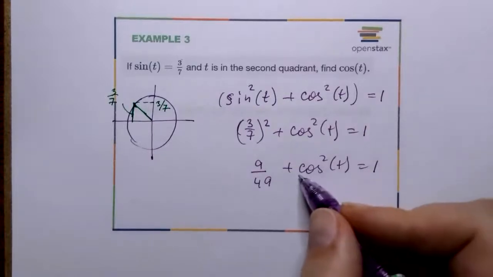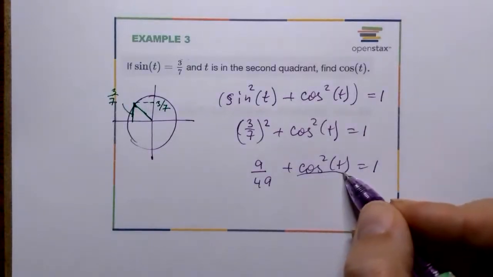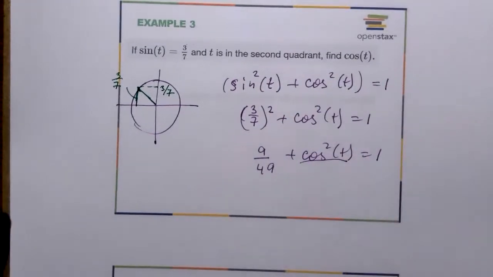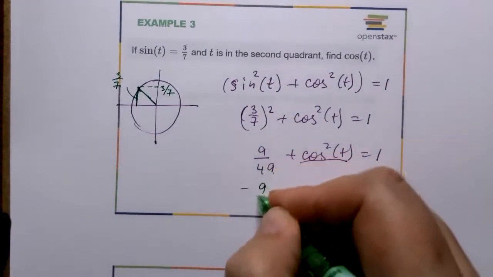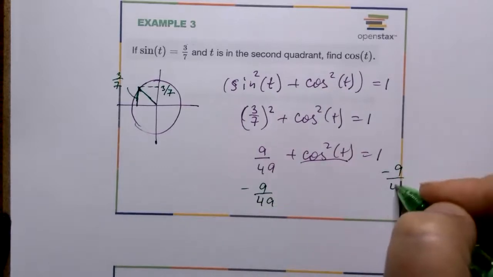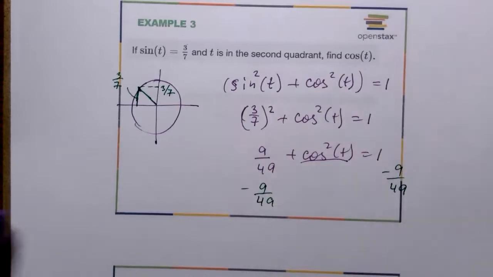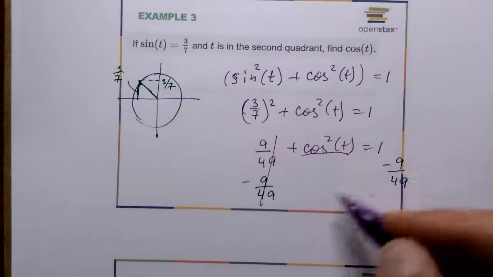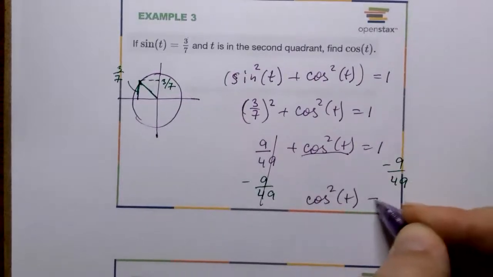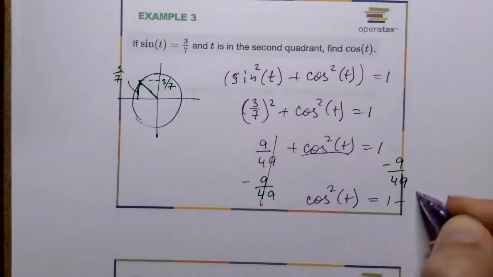So now I'm going to start solving for cosine. In order to do that, I'm going to bring the 9/49 to the other side. All right, so these cancel out, and I have cosine squared t equals 1 minus 9/49.